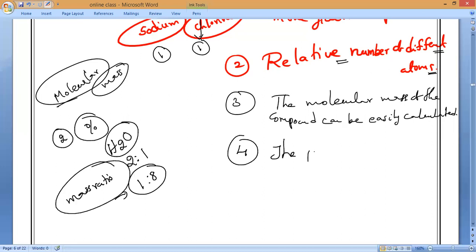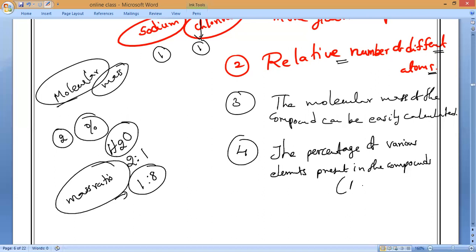The percentage of various elements present in the compound, we will get it. That is called the mass ratio.